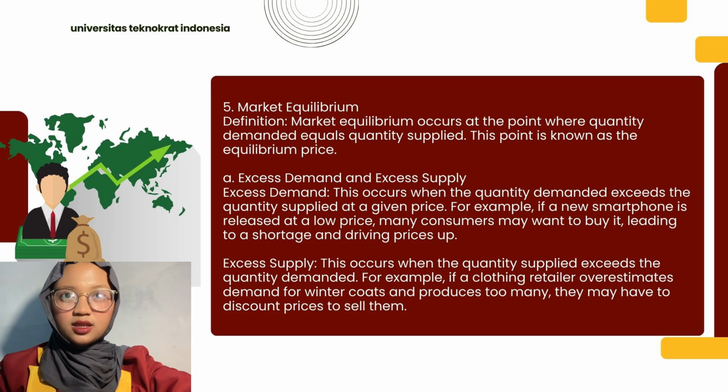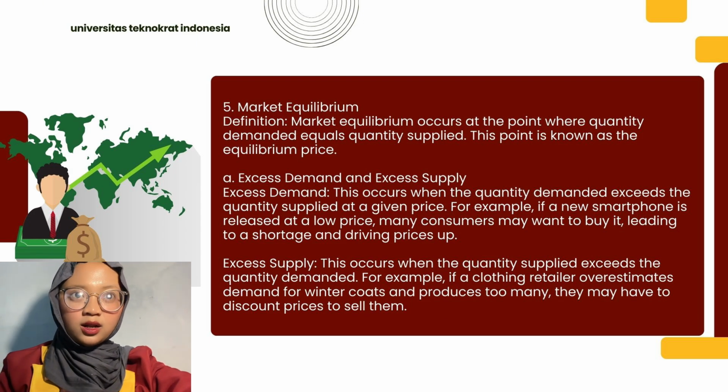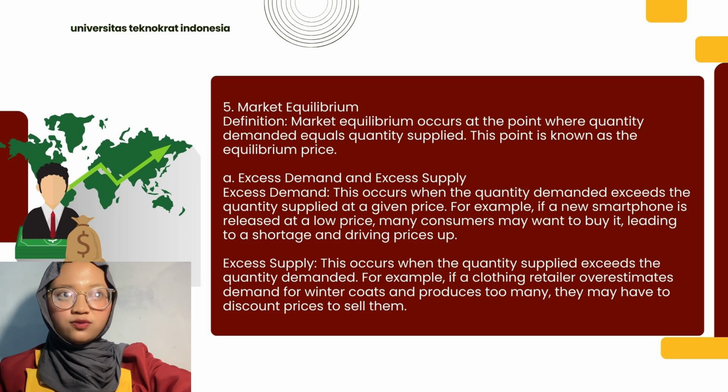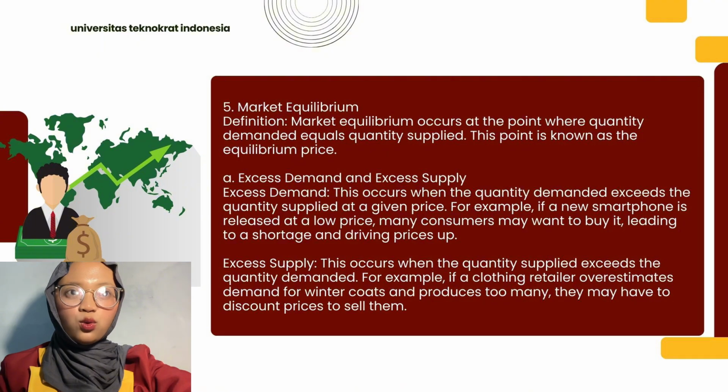Excess demand. This occurs when the quantity demanded exceeds the quantity supplied at a given price. For example, if a new smartphone is released at a low price, many consumers may want to buy it, leading to a surge and driving prices up.